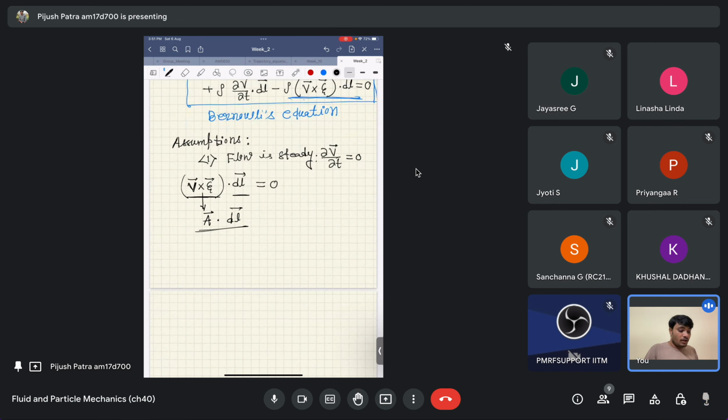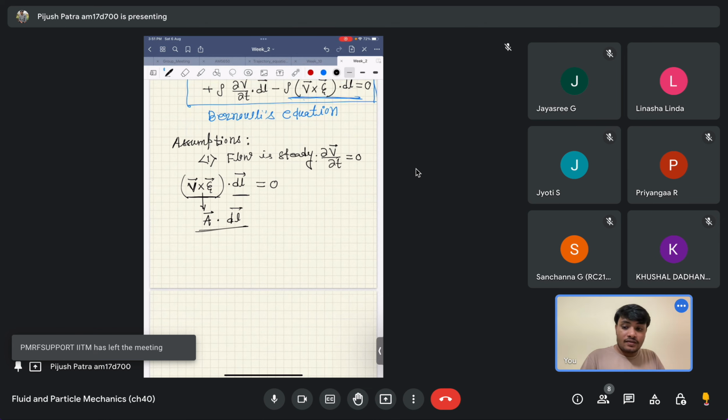So there are two cases when the velocity vector crossed with the vorticity vector and dotted with the elemental line vector is 0. Second case is when the line which I initially started with is a streamline.